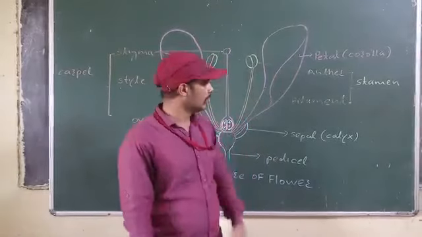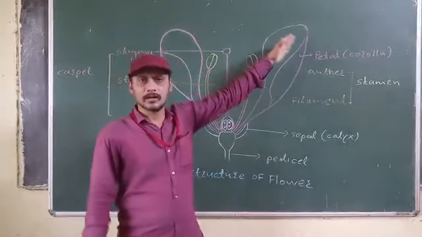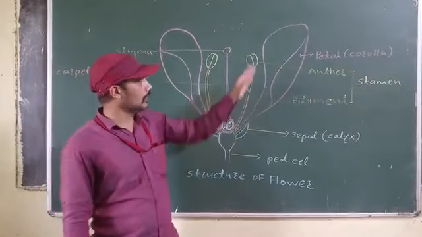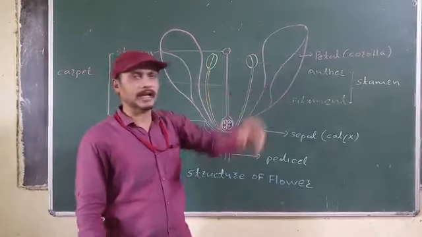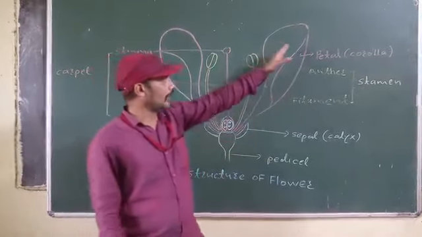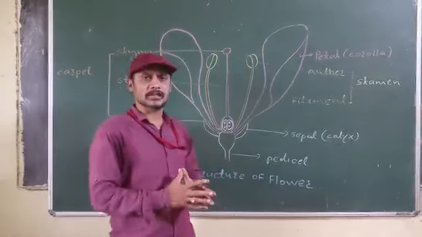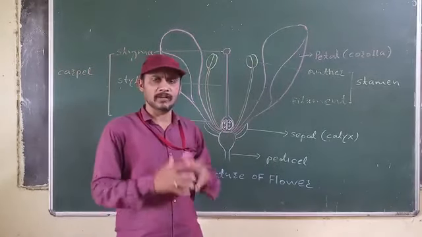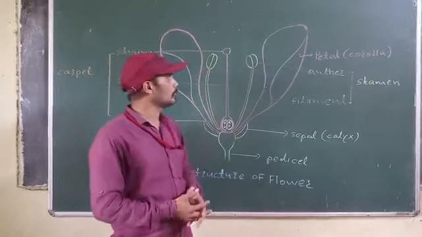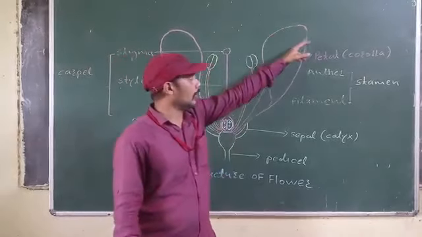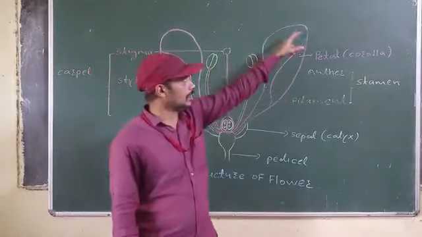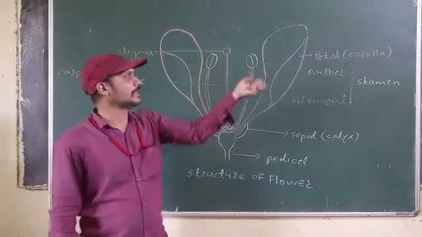So what is petal? Petal is a non-essential floral whorl, but it helps. How does it help? When the flower becomes mature, the color of the petals attracts insects.